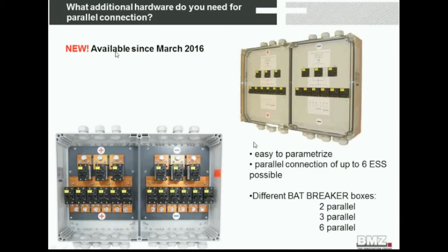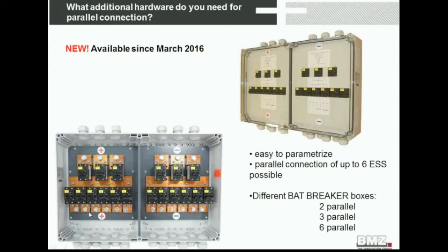It is easy to parameterize. Parallel connections up to 6 ESS batteries are possible, and you can choose. We have different sizes of those when you connect 2 or 3 or 6 batteries in parallel. This picture here shows 6 batteries in parallel. You see those copper bus bars.